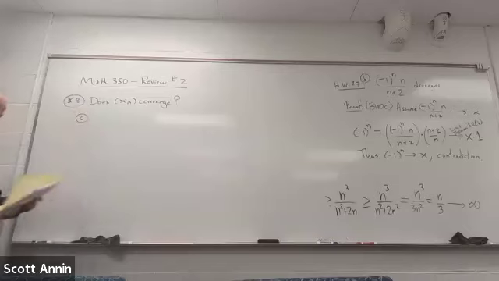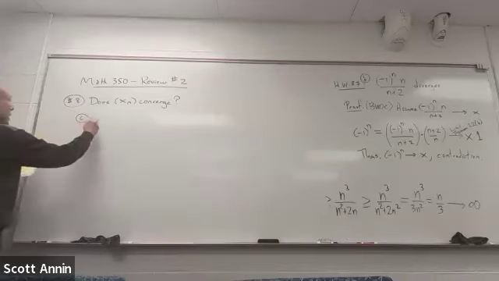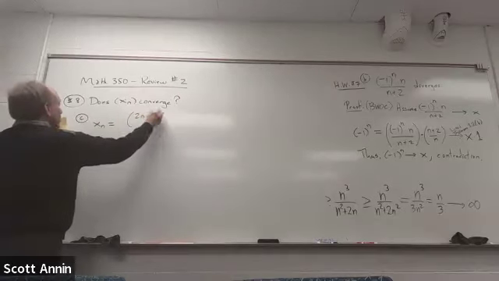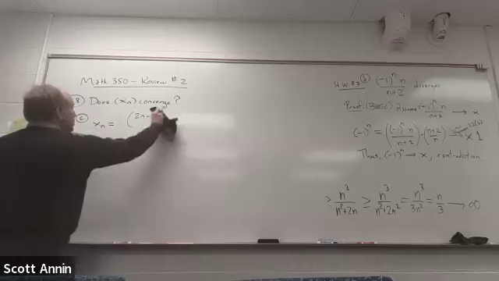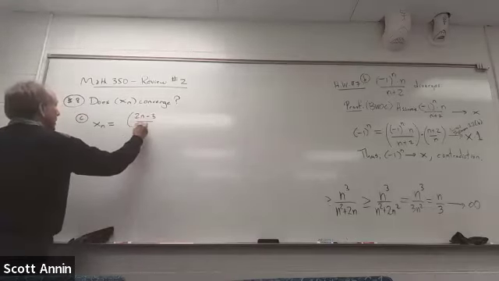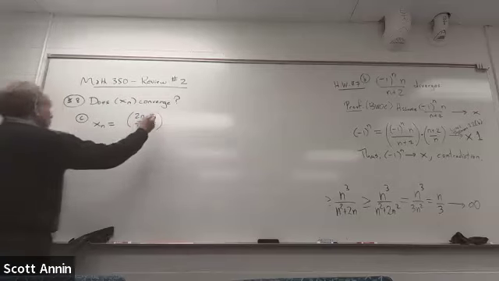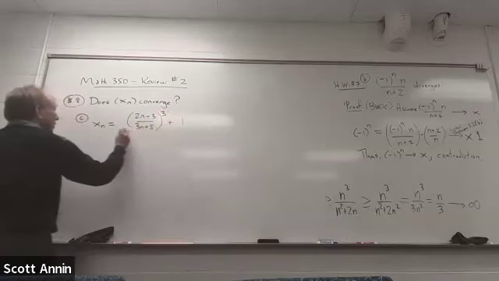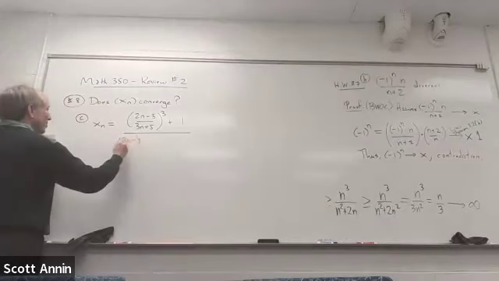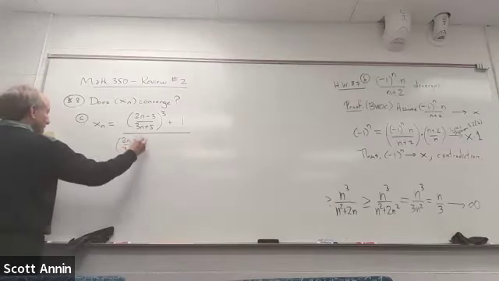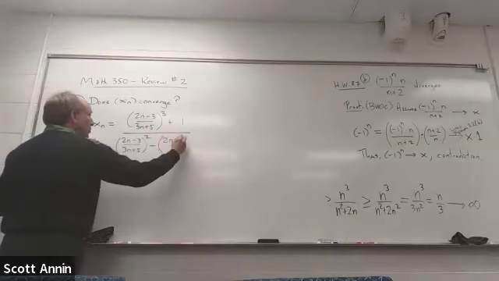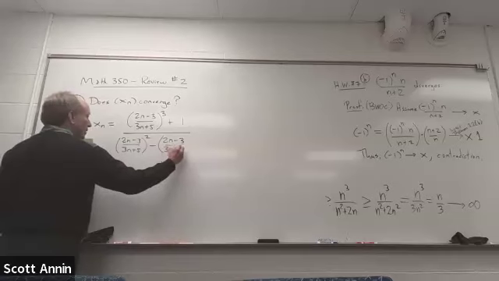All right, let's try part C. Let xn equal, give yourself a little room to write this one down, 2n minus 3 all over 3n plus 5, quantity cubed plus 1, all over 2n minus 3 over 3n plus 5 squared minus the quantity 2n minus 3 over 3n plus 5.